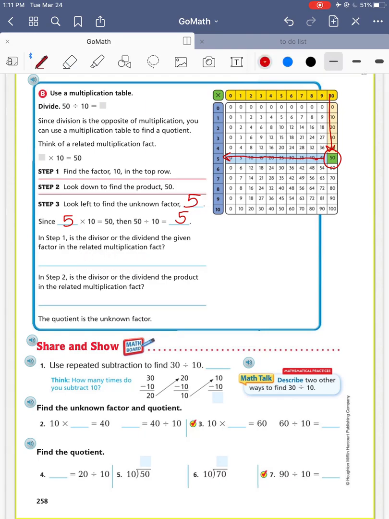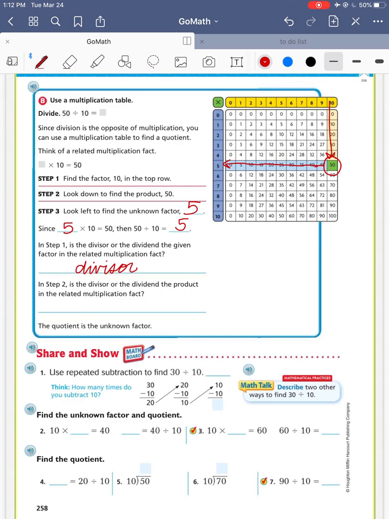So in step 2, is the divisor or the dividend the product in the related multiplication fact? So the dividend is the answer, the product in the multiplication fact. Dividend. The quotient, the answer, is the unknown factor.